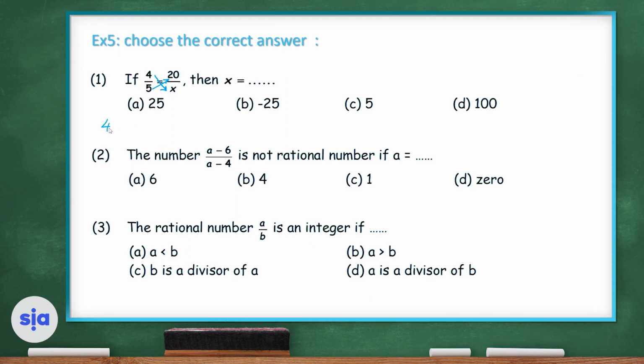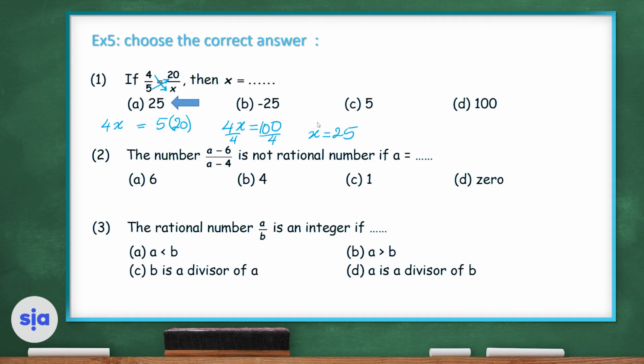So 4 times x is 4x, which is equal to 5 times 20. So 4x is equal to 100. We divide both sides by 4, then x is equal 25. This is one of the options. So the answer for question 1 is choice A.